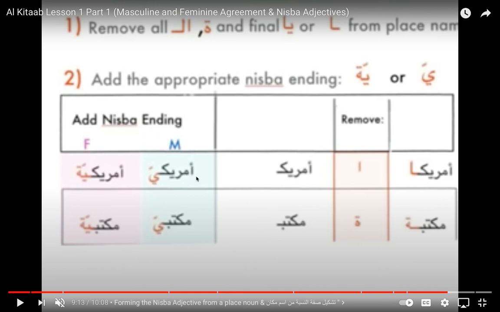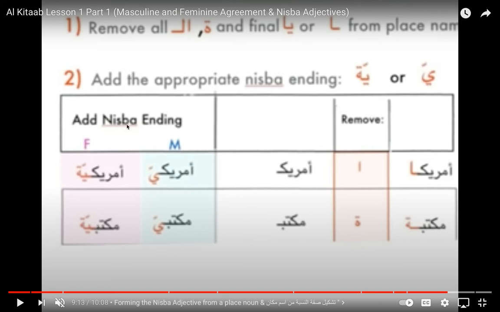Like Suri, Misri, Ammani, Faransi, etc. So here I took the ta and I added the ya with the shadda for male. I'm talking here about nisba. And I will add the ta marbuta for feminine, okay?